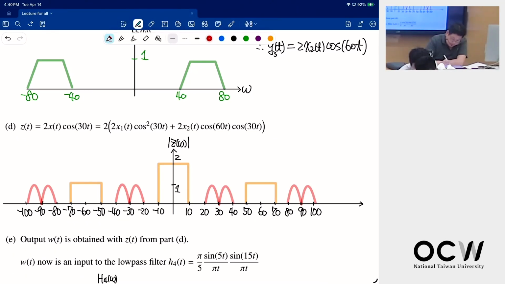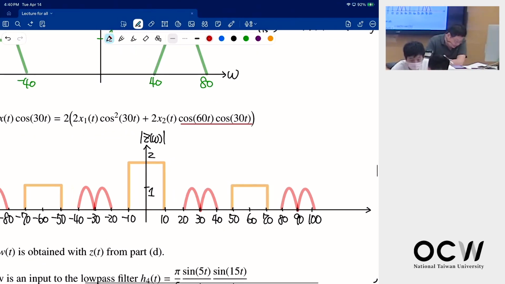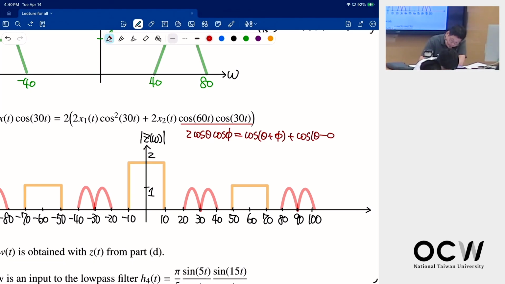And for these two cosines, you can use the formula: 2 cosine theta cosine phi equals cosine theta plus phi plus cosine theta minus phi.